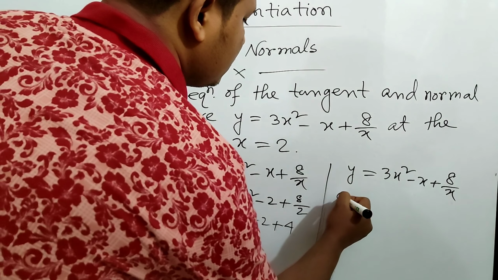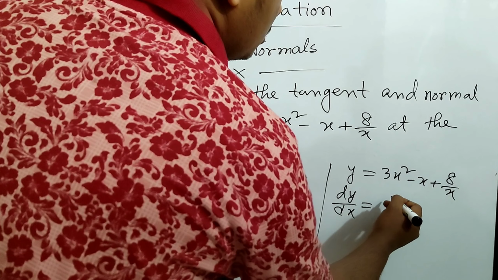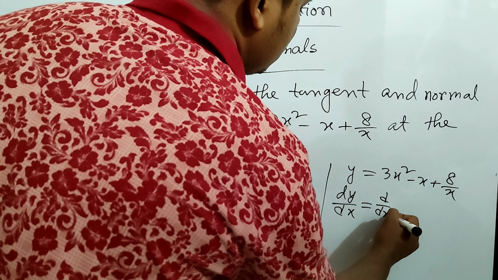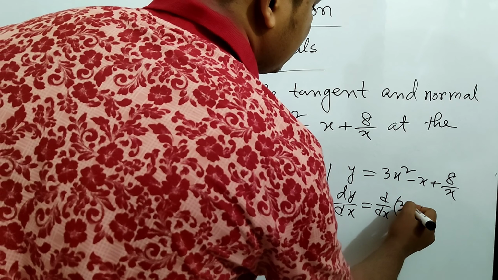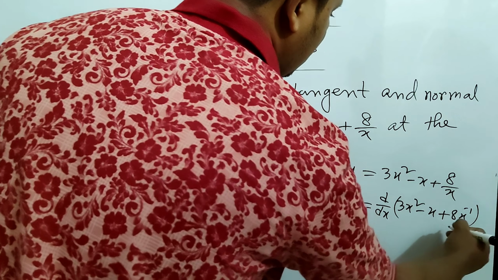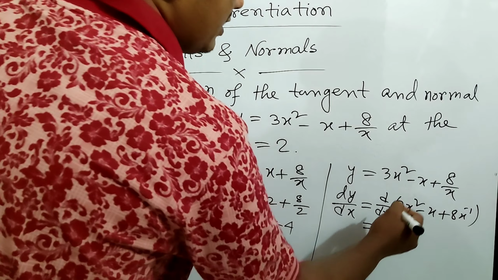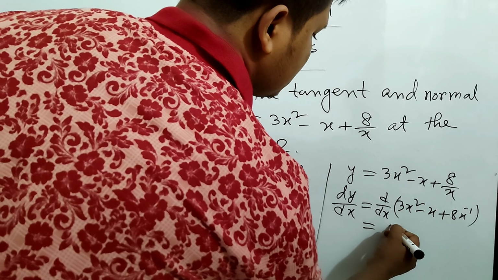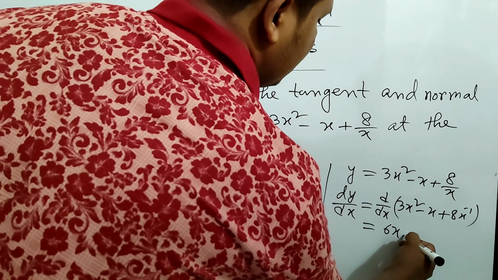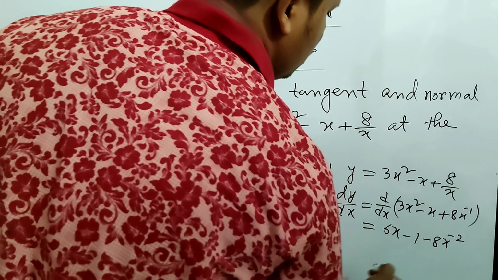If we differentiate with respect to x, we'll get dy/dx. So we differentiate 3x² − x + 8x⁻¹. Now if we do the differentiation, we'll get 6x − 1 − 8x⁻².